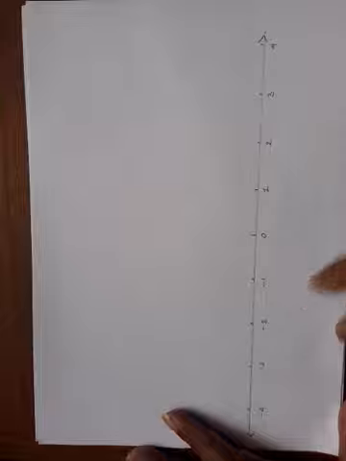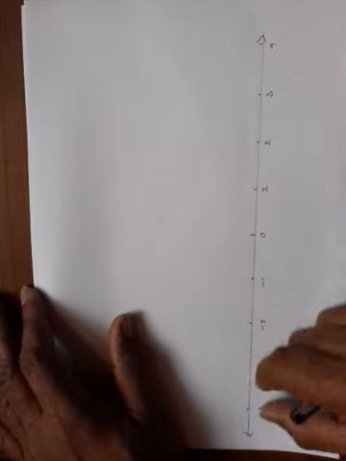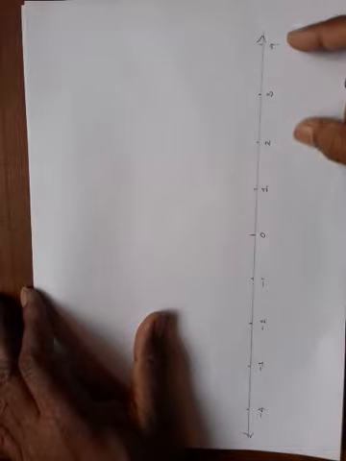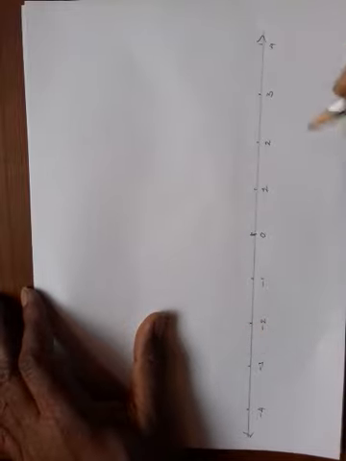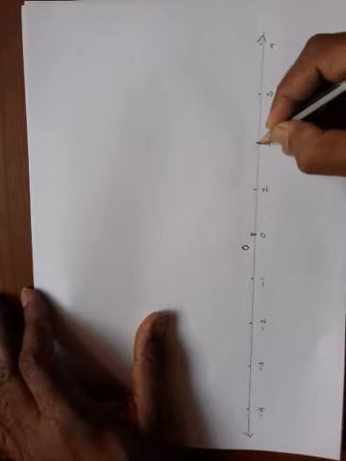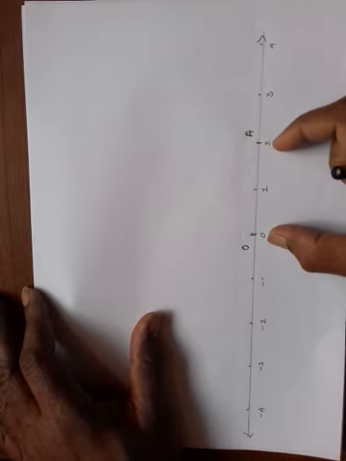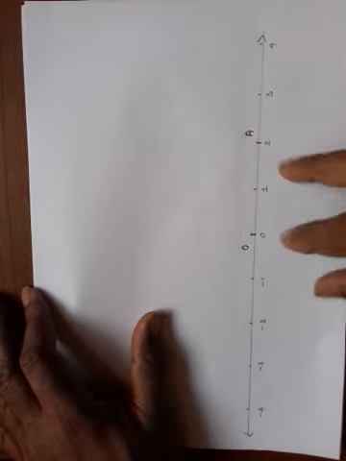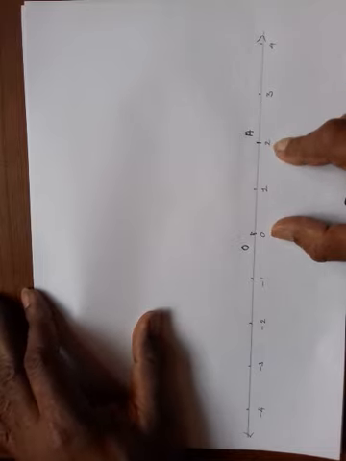See, we have a number line and already the units of equal length are marked on either side of the 0. So let me mark this one as O and this point as A. I have taken 2 units as the base of a right angle triangle.